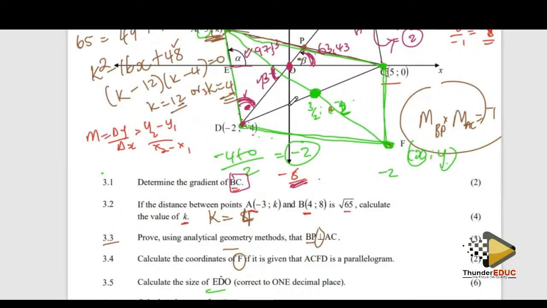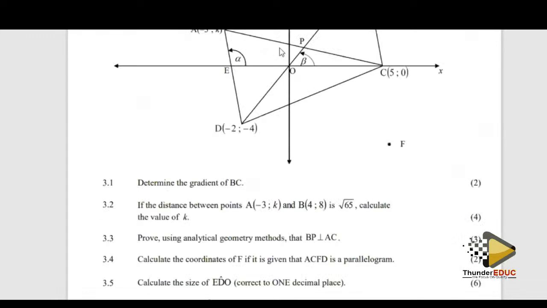Remember from the area rule, we must have two sides known as well as an angle. And let me just clean up this drawing so that we have a clear view.